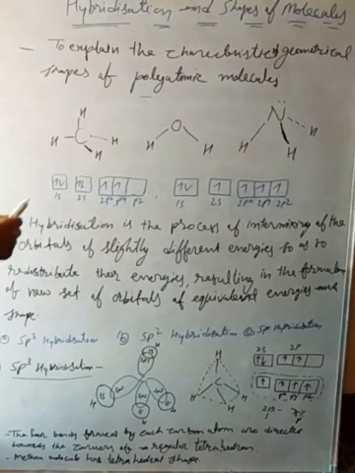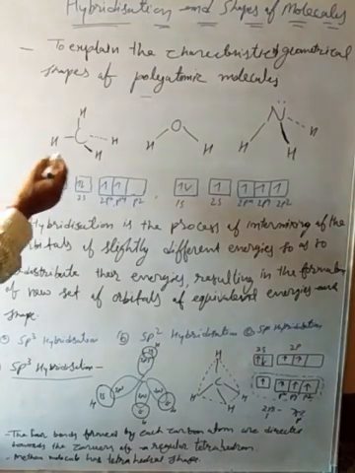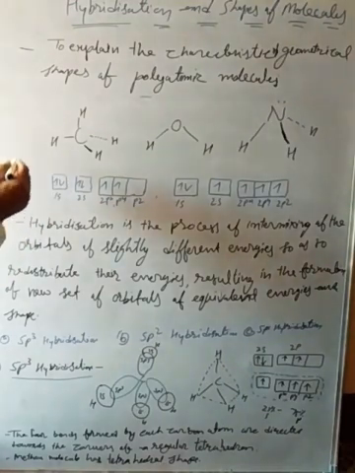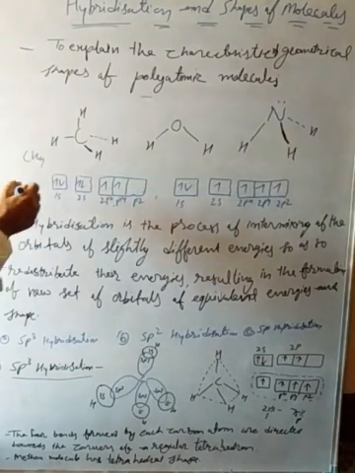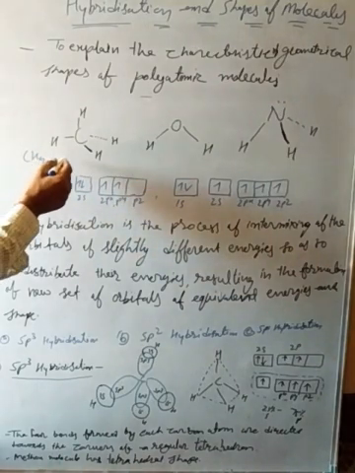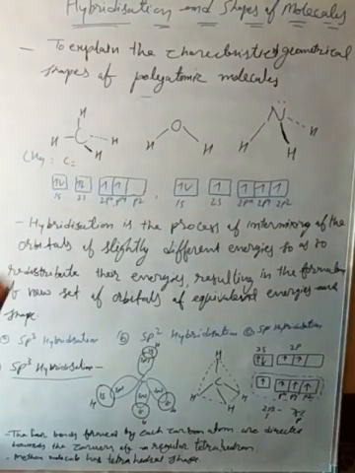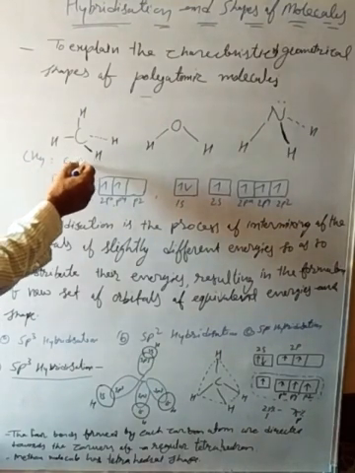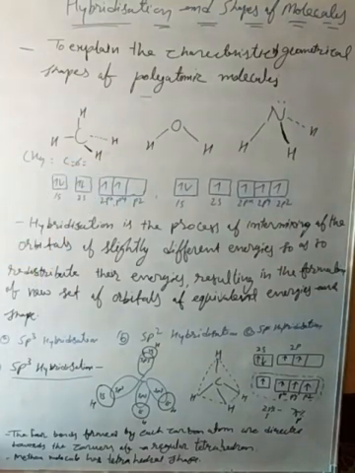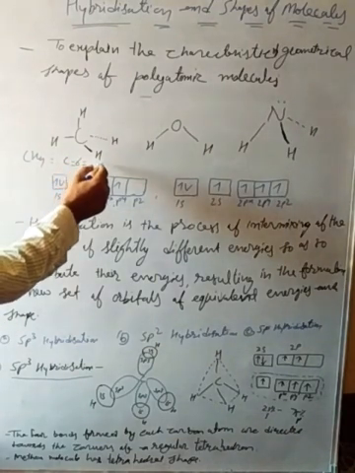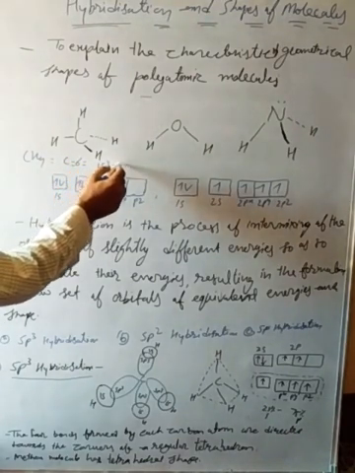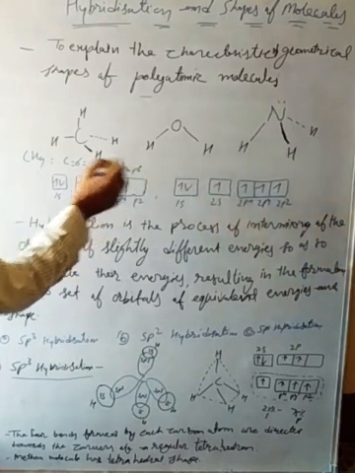Take methane, CH4. Carbon has atomic number 6, so its electronic configuration is 1s2, 2s2, 2p2.